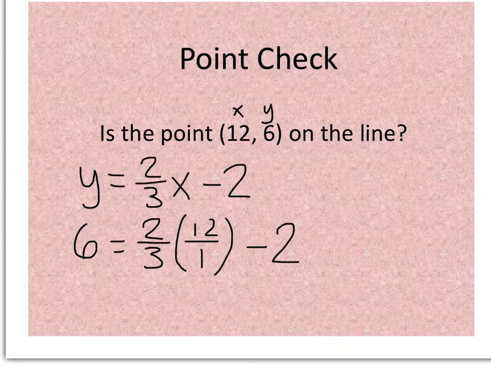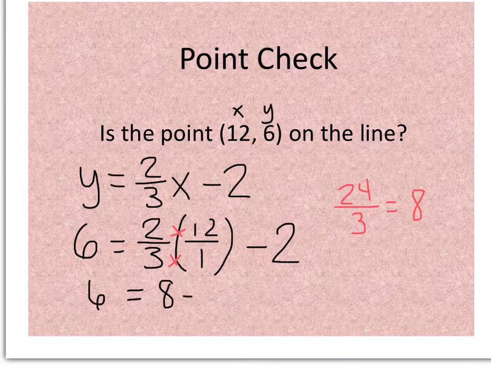So we see that we have 2 times 12, which would give us 24, and 3 times 1 would give us 3. Well, what is 24 divided by 3? It equals 8. So now we have 6 equals 8 minus 2.